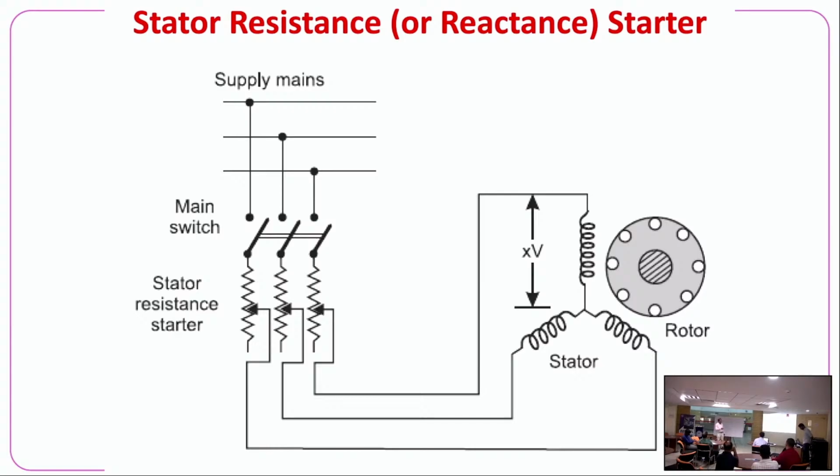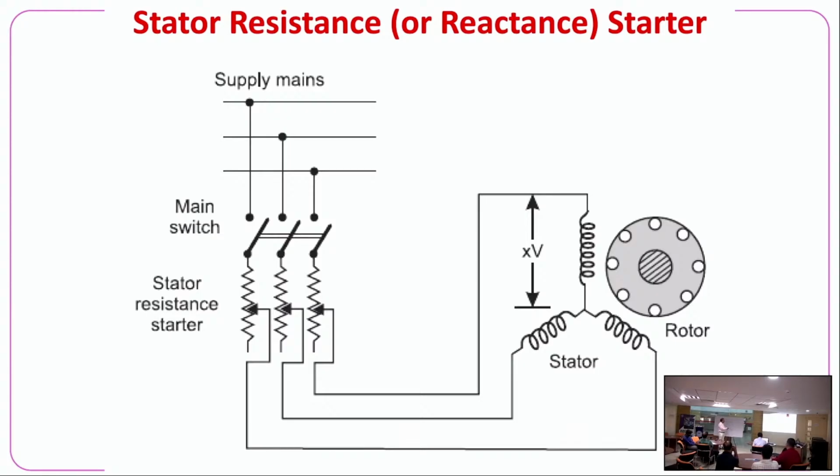In this technique, we connect 3 resistances, 3 rheostats, and these should be equal all the time. When the machine draws current at starting, a part of the supply voltage drops across them, the IR drop across the resistance.